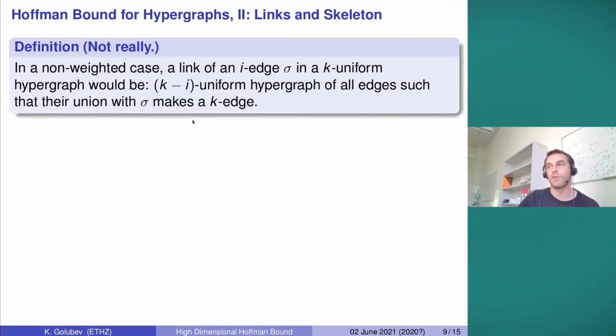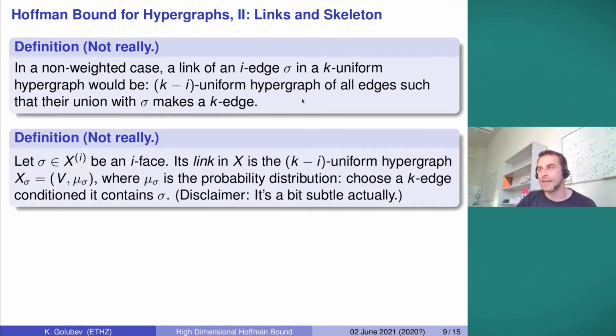So in case of a three-uniform hypergraph, this would mean, let's say we take a vertex and ask what its link is. It would be all pairs of vertices such that together with the chosen vertex, they make a three-edge. And this whole thing would make a hypergraph of uniformity one lower. Is it good? Are you with me? Good.